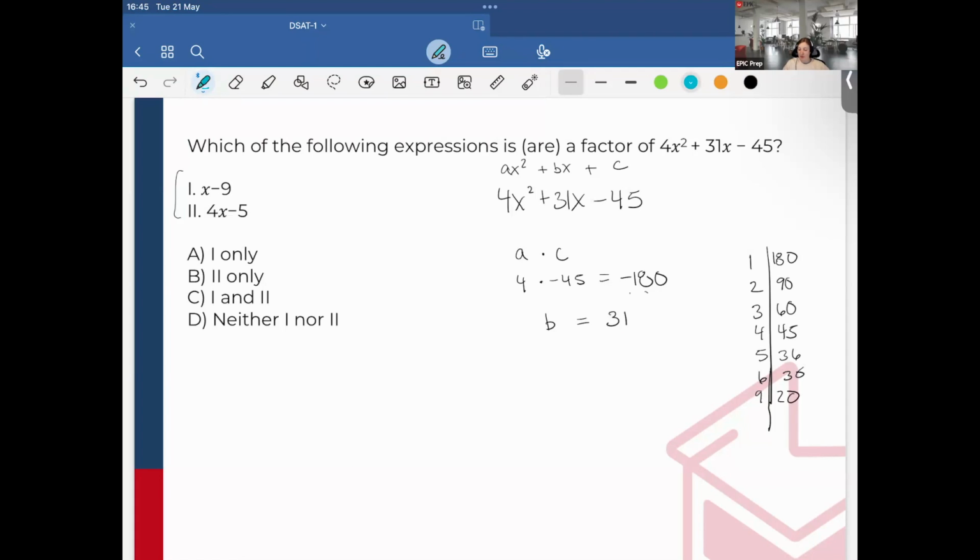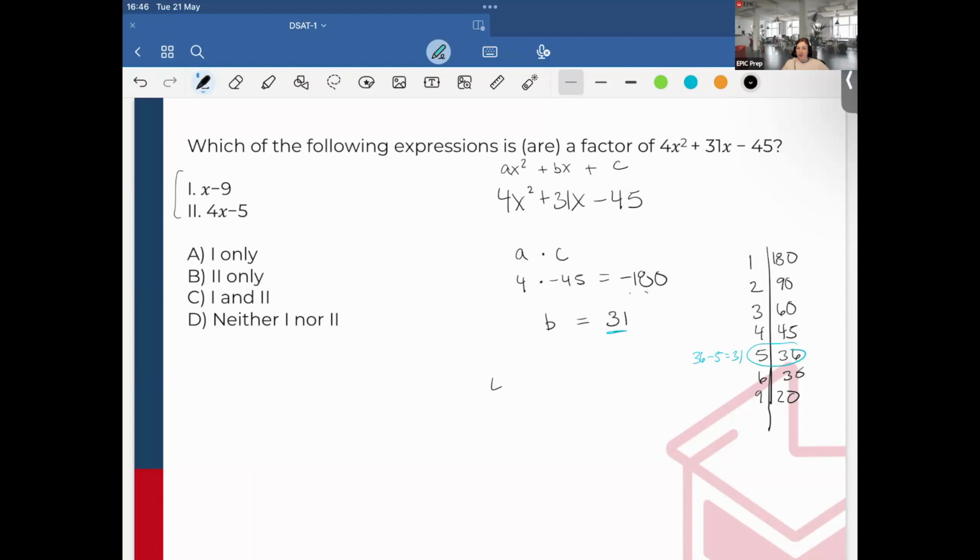However, I already found two numbers. If I were to subtract 36 minus 5, that would give me 31. So I found my winning pair. Okay, so next I'm going to factor out the x now.